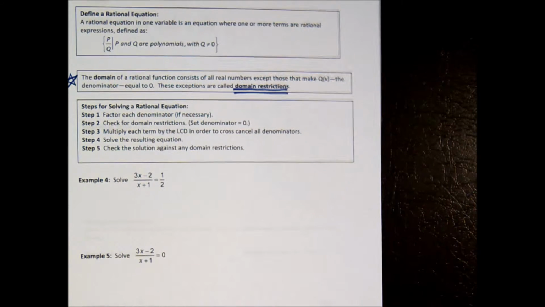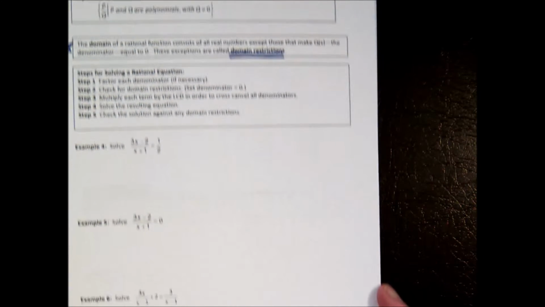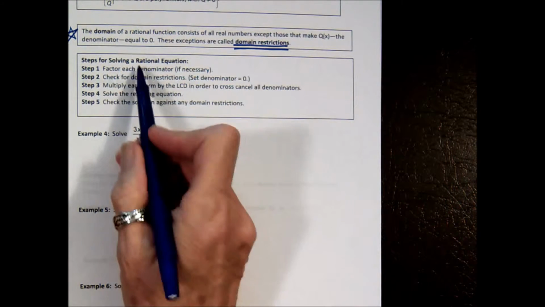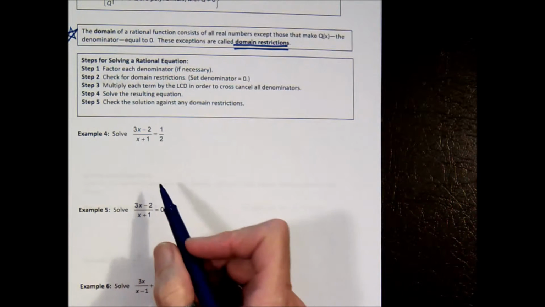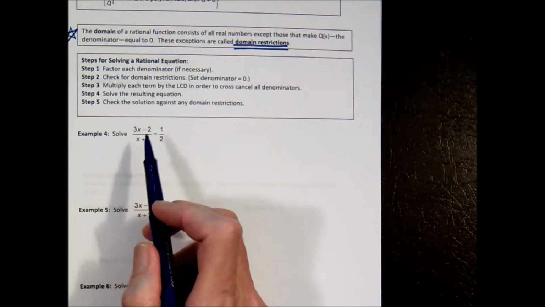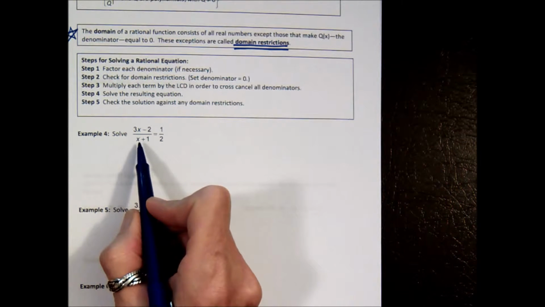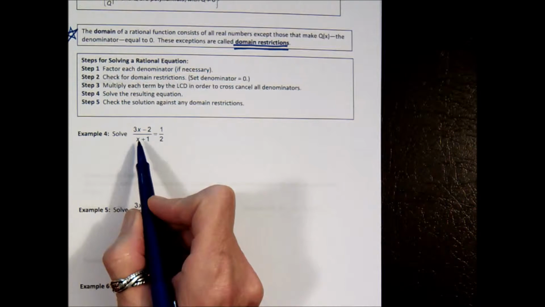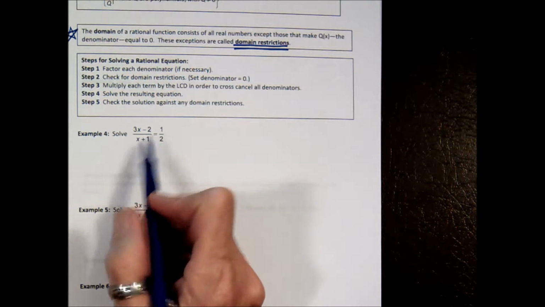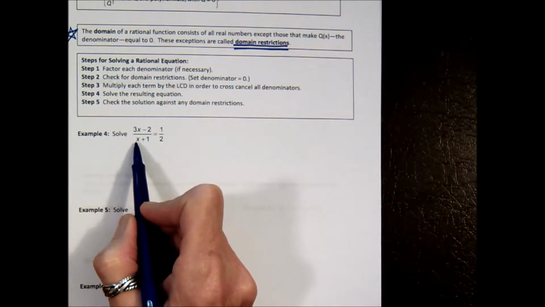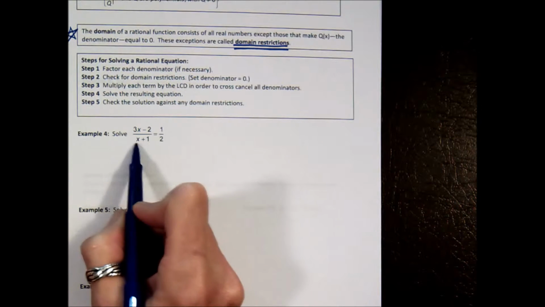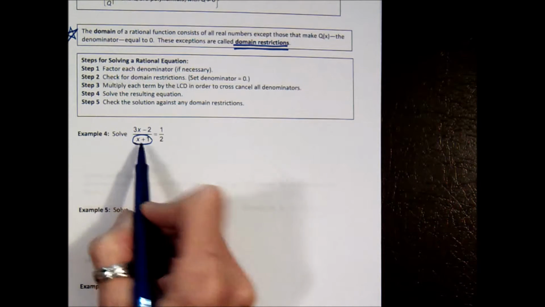So we are going to look at one of these, and I will go through these steps with you as I work one. So the first thing that I want to do is I want to find my domain restriction. A domain restriction occurs, in this instance, when you have a variable in a denominator. This is a potential domain restriction area.